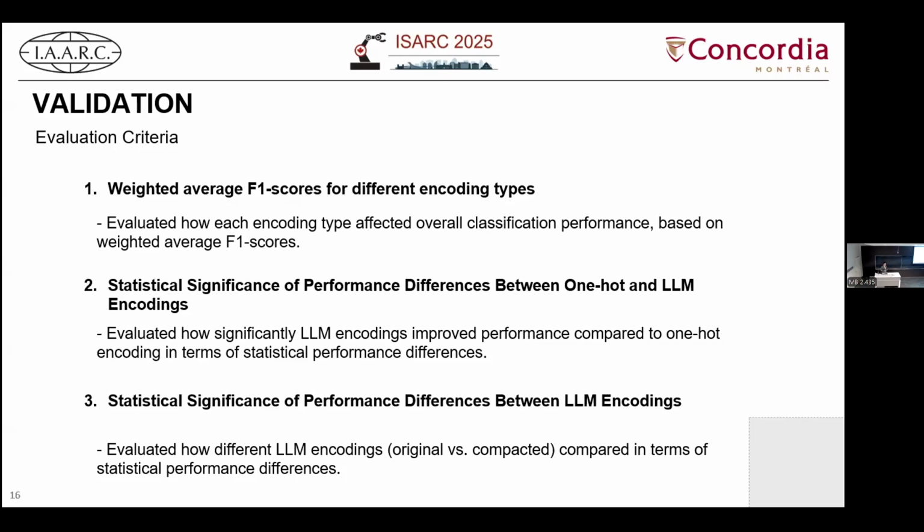Then we also analyzed the statistical significance of performance differences between conventional encoding, which is one-hot encoding, and LLM embedding, and also the differences when LLM embeddings are used not compacted versus compacted.